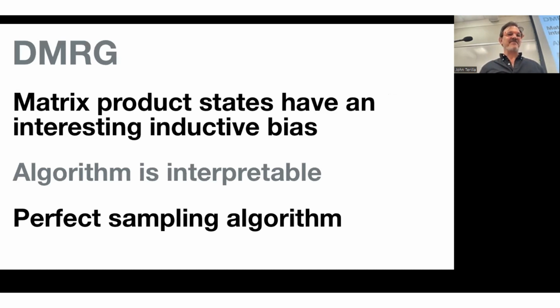So let me point out a couple of features of it. They have an interesting inductive bias. So what kind of functions actually have this sort of low rank factorization? It's the question you asked earlier.